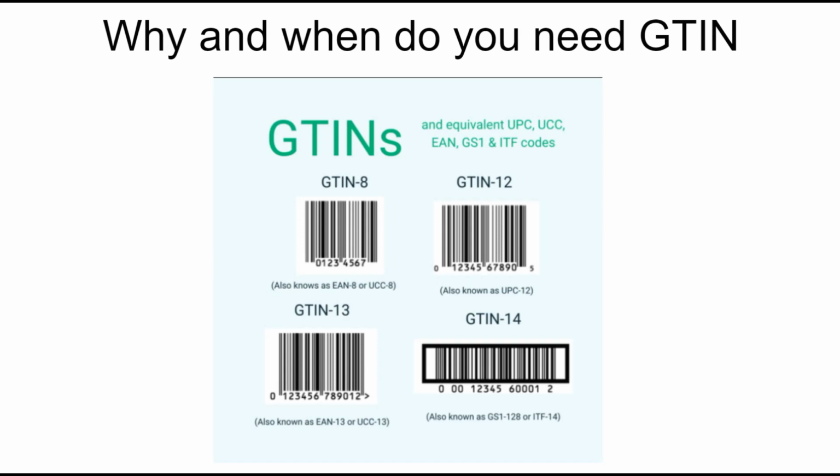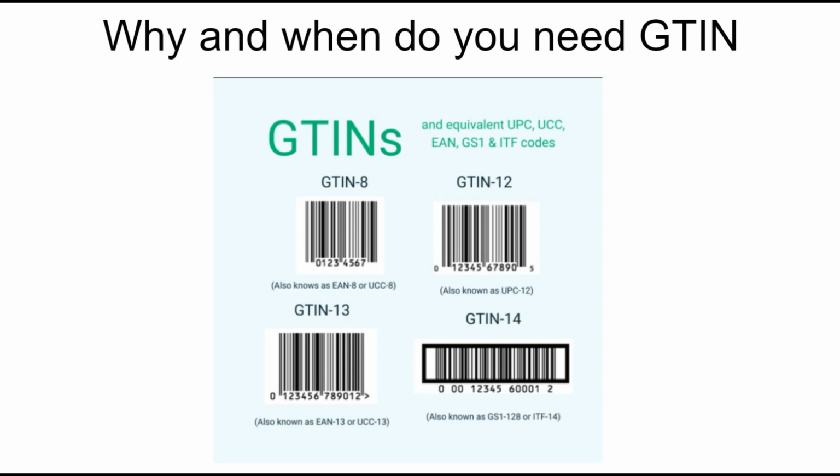A GTIN is affixed to various barcode types like UPC, EAN, ISBN, JAN. The GTIN 12 is used in United States and Canada and is encoded into a 12-digit UPC, Universal Product Code barcode.